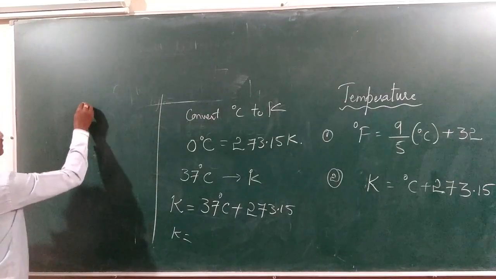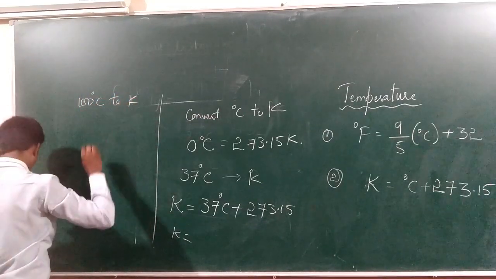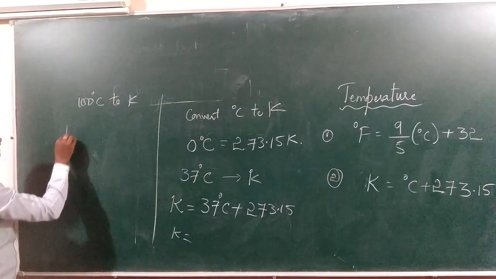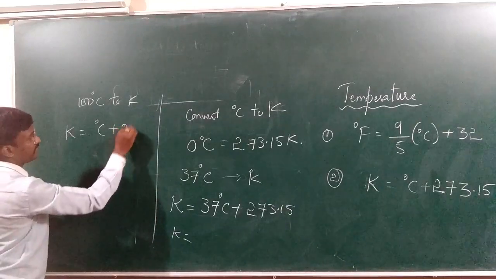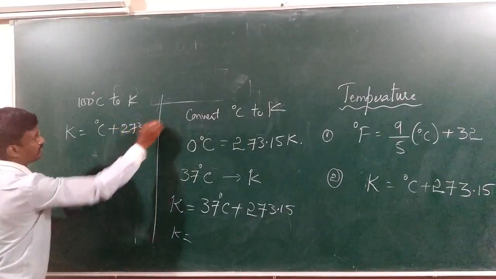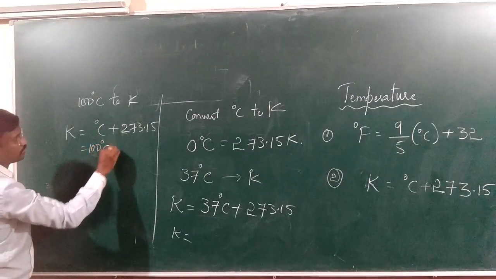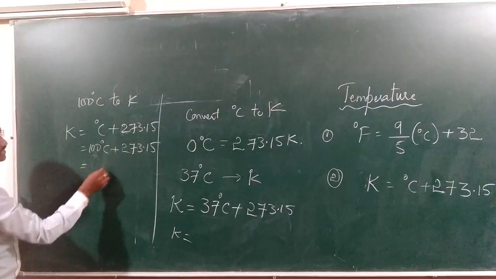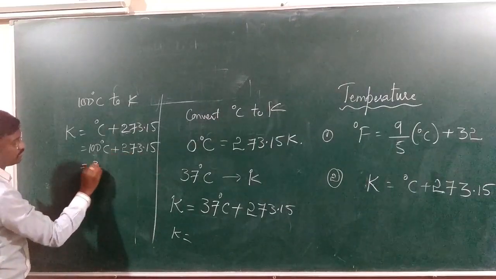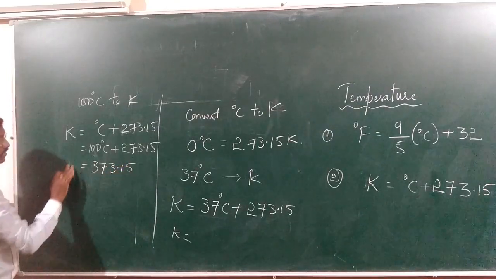Convert 100 degrees Celsius to Kelvin. Same thing: Kelvin is equal to degrees Celsius plus 273.15. So 100 degrees Celsius plus 273.15, together 273 plus 100 is nothing but 373.15, which is the Kelvin value.